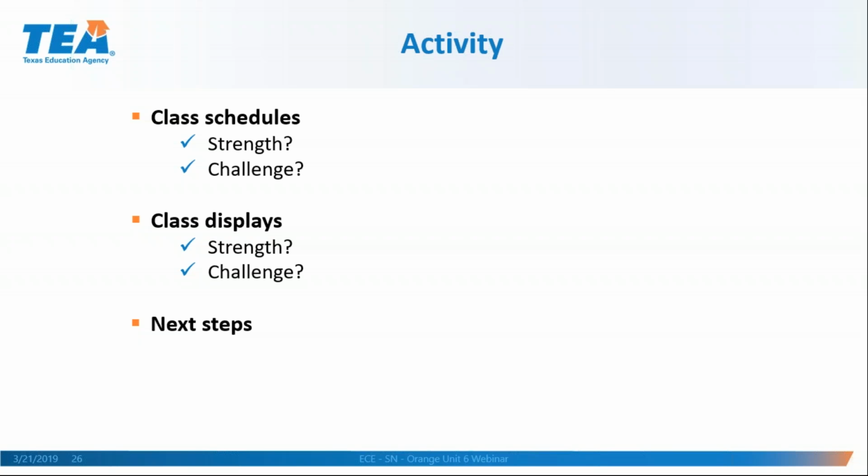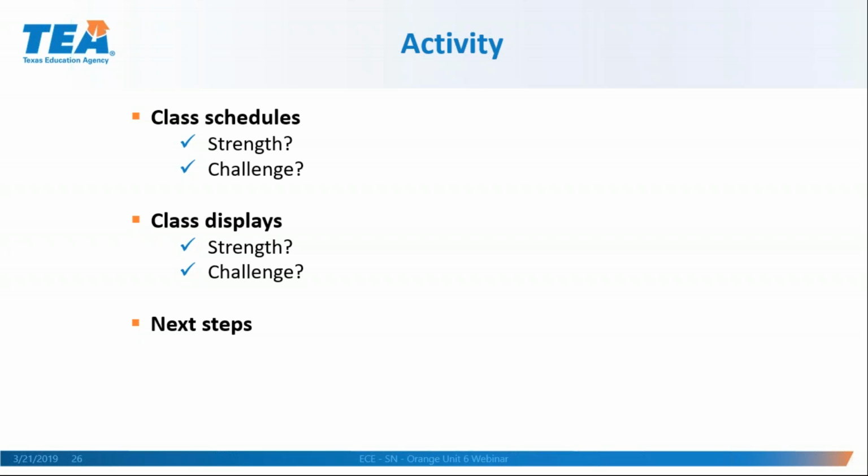Or you might want to pick class displays. If you do that, you're going to have to do some walking around. So I would suggest walking through some of your classrooms and just think about, is there too much or too little? And are about half of them related to the curriculum?